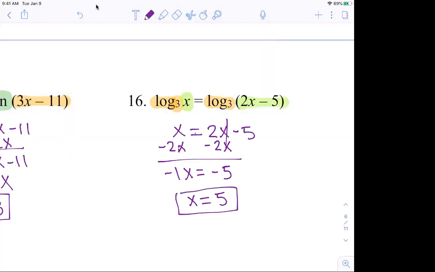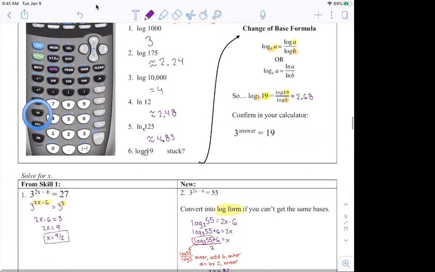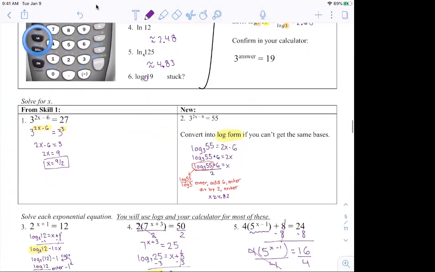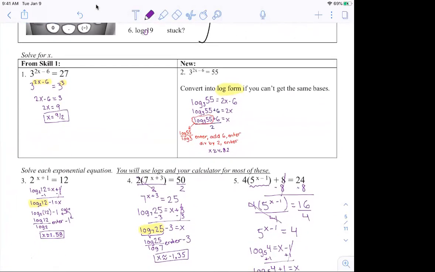So we've learned 3 different things really today. The first type of problem is if it's given to you as an exponential and you cannot get them to the same base, you're going to convert into log form, and then you're going to have to use a calculator to actually get the answer.